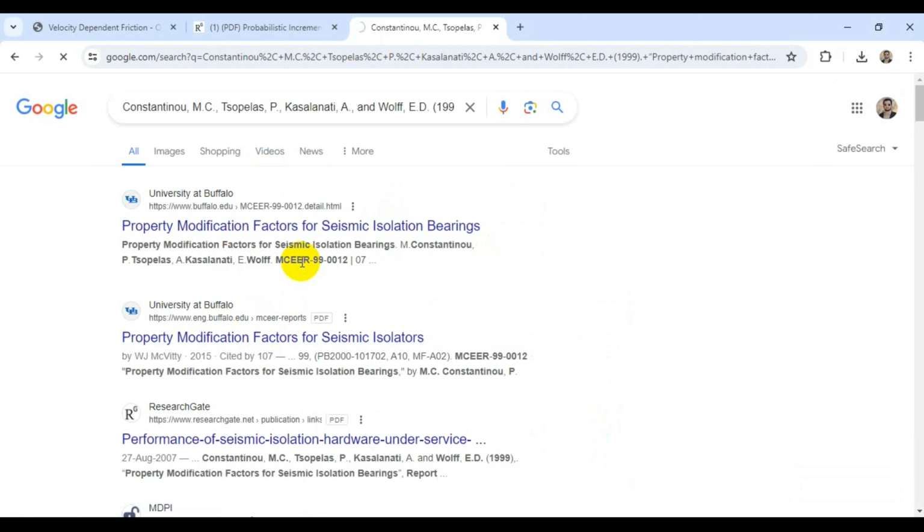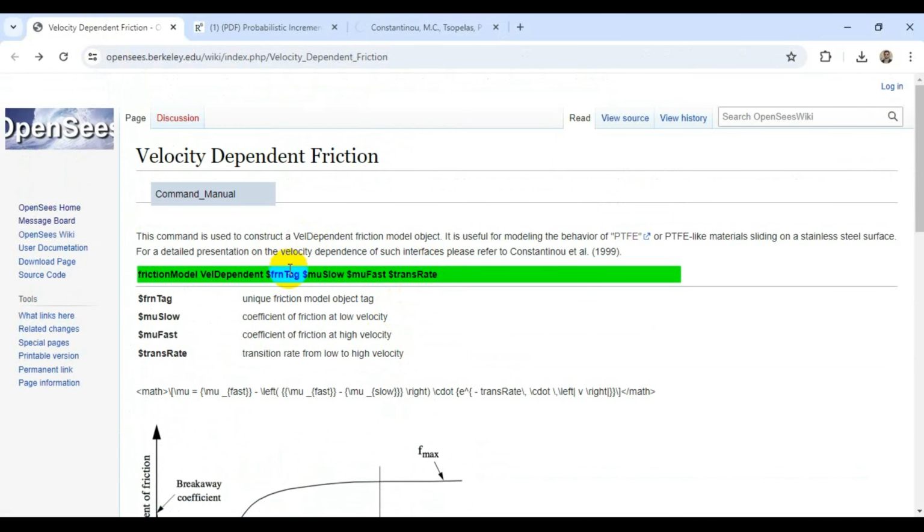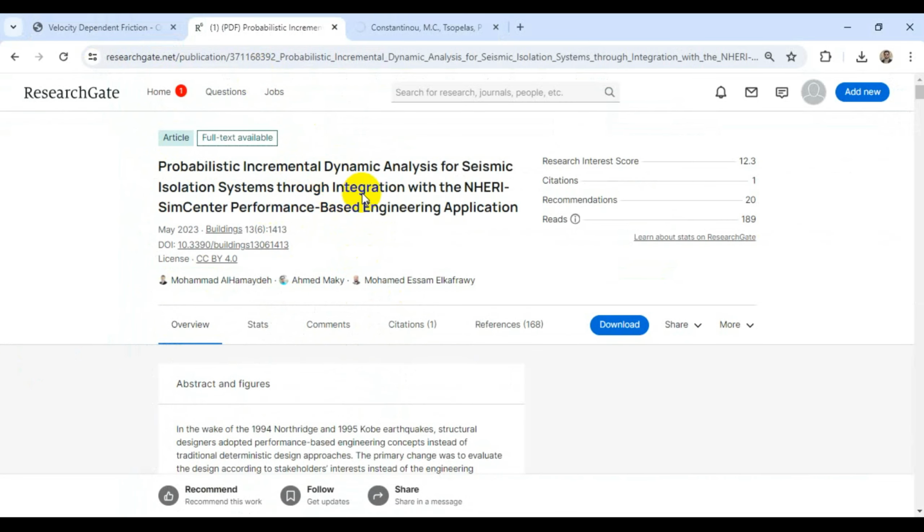Let's discuss some basic definitions included in this theoretical background, and I will also discuss the practical approach that is adopted here.